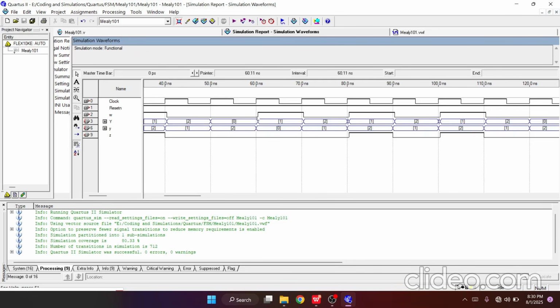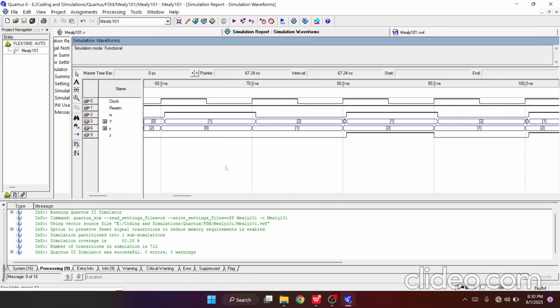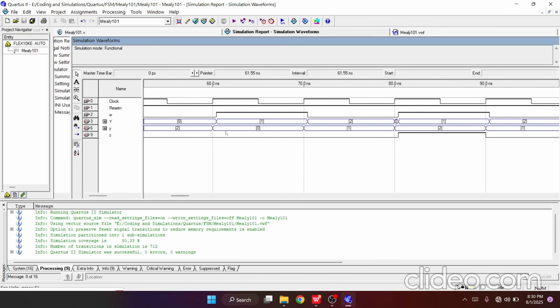Then for some time from 60 to 60.27, for this short amount of time, your next state is being converted to present state at 60 nanosecond when you get a positive edge, and when you are in state A, and when you get W equals 0, the next state should be 0, which is true, shown here.